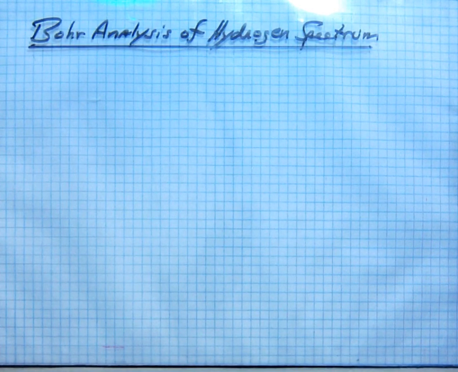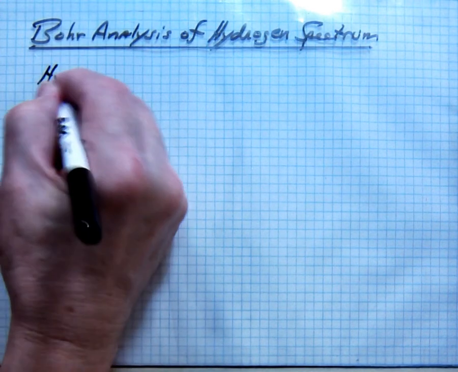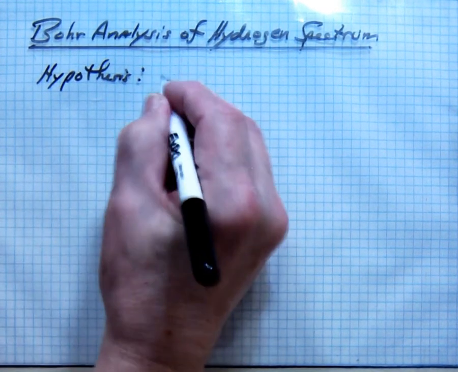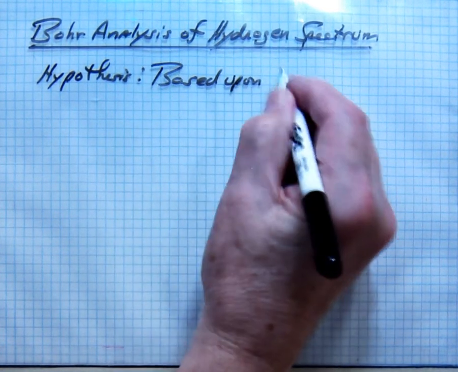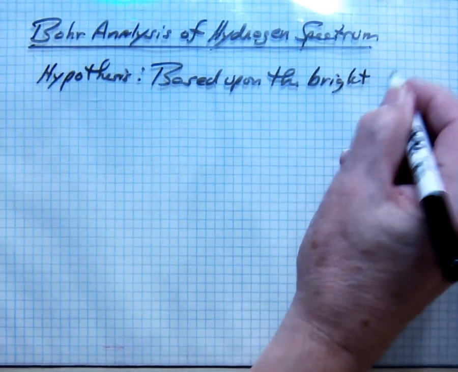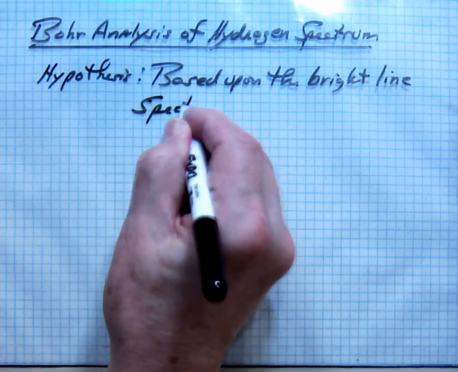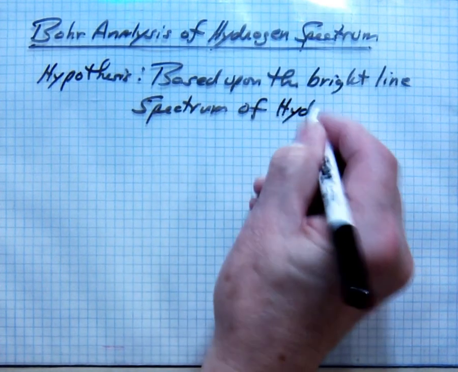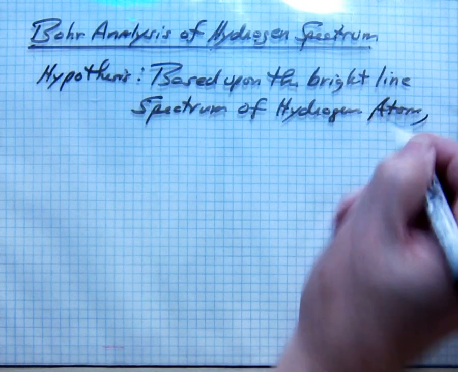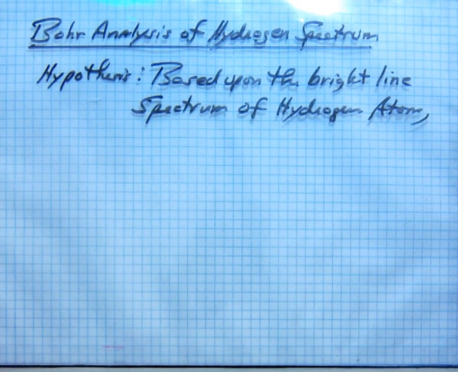Hypothesis. Based upon the bright line spectrum, the electron cloud exists in concentric rings occupied by electrons at discrete distances from the nucleus.